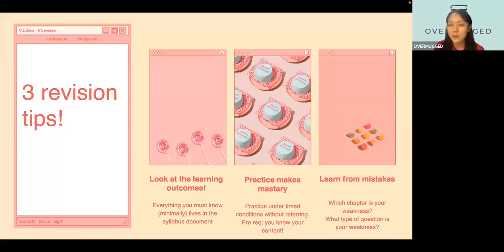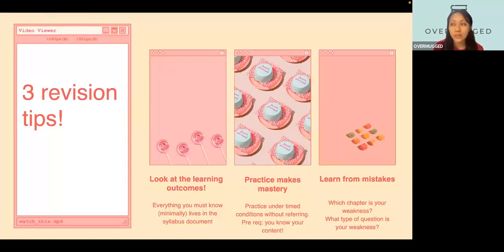And for practicing, there are a lot of resources. I'm sure your school will give you some papers, and don't forget your topical TYS. If you haven't done your topical TYS, I think that's a great place to start, because as I mentioned, TYS O-level is usually not as difficult as your school paper.